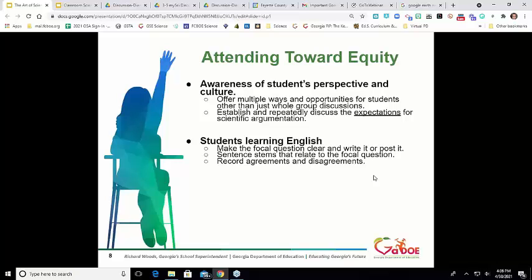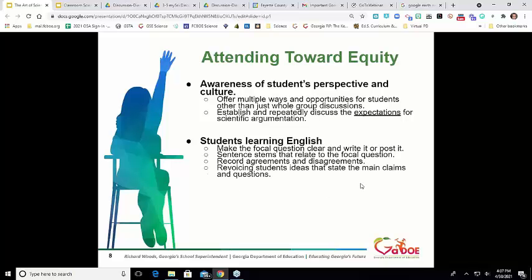It's also important for the teacher to record those agreements and disagreements somewhere in the classroom, like keep them posted, or if the kids are old enough, have them record the agreements and disagreements, either in a science notebook or somewhere where they can refer to, so they can keep up with what's going on in the classroom.